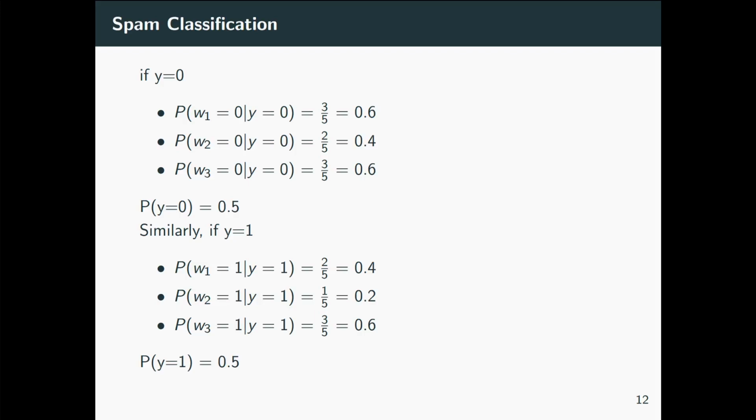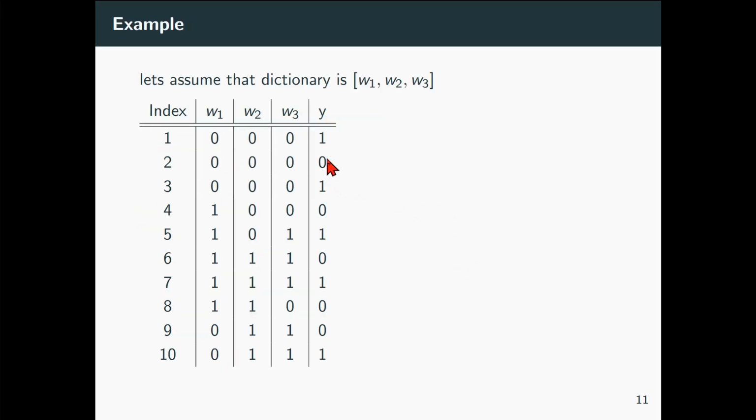Now let's consider the case we have taken, y equal to 0. Let's just concentrate on the w1 column. We have y equal to 0 with w1 equal to 1, w1 equal to 1, w1 equal to 0, w1 equal to 1, w1 equal to 1, and w1 equal to 1.